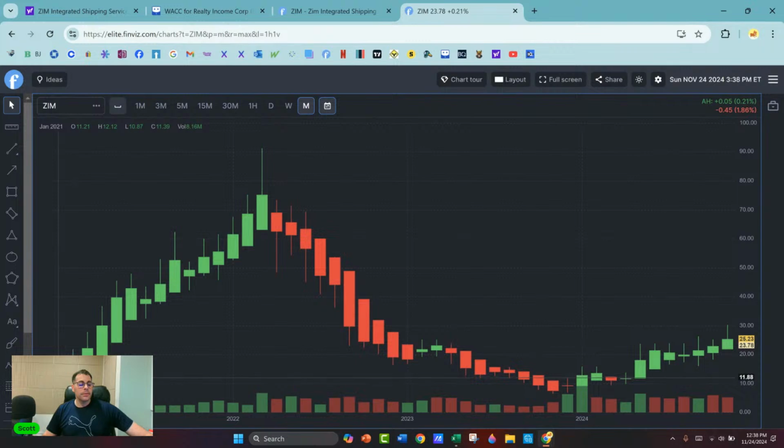Okay. So when they IPO'd at $10 in 2021, you could see the bottom. It got up to 150 million shares purchased at the peak.